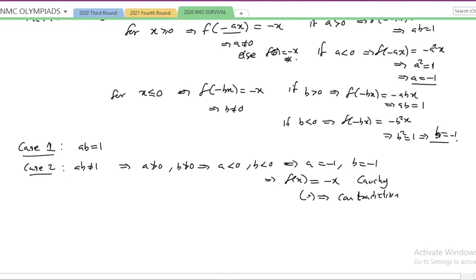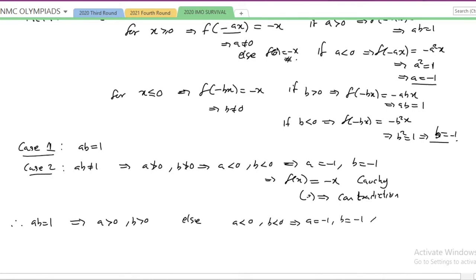Alright, so from this we get that both a and b will be positive, otherwise they will both be negative since they multiply to a positive number, and that will still give what we had before.